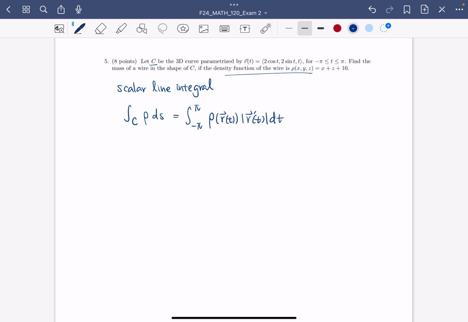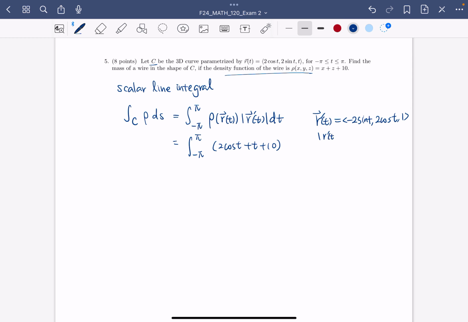So don't forget the absolute value for this scalar line integral. Then we can do this by direct computation. This is 2 cosine t plus 10, and r prime t is minus 2 sine t, 2 cosine t, 1.